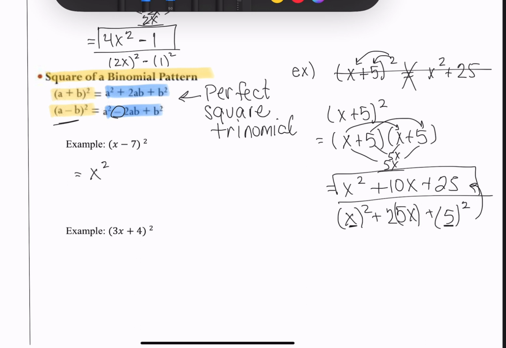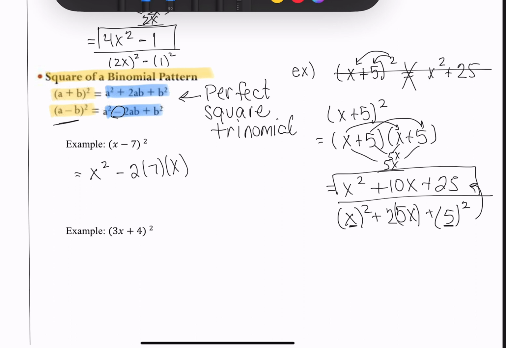Now, you take each term, multiply them by each other, and double it. Because there's a negative 7 there, my middle term is going to be negative. I'm going to take 2 times 7 times x, or vice versa. Again, in multiplication, order is not important.